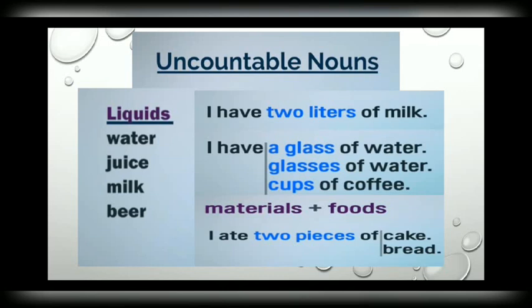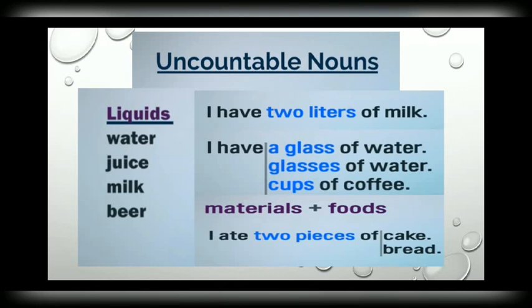So how can we use uncountable nouns? For example, liquids: water, juice, milk, beer. I have 2 liters of milk and I have a glass of water, glasses of water, cups of water, because we can't count milk, water, coffee, bread, cake.